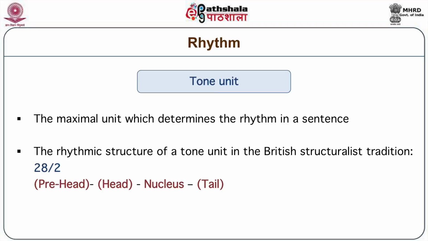We also found that there is another unit which is the stress group. We don't assign it a certain location, but it's easy to see what a stress unit is.